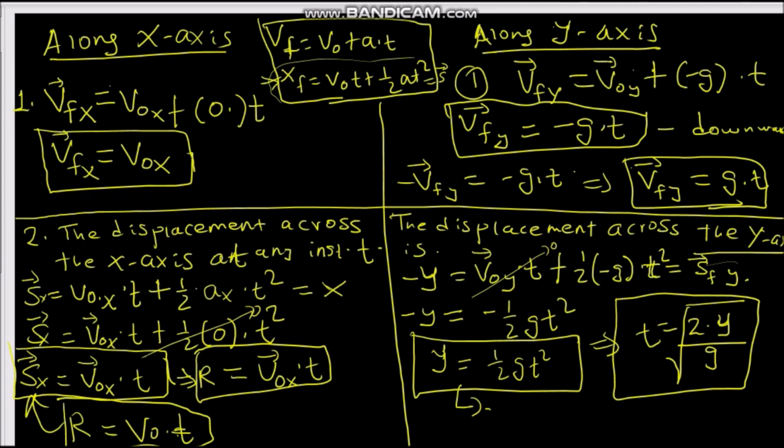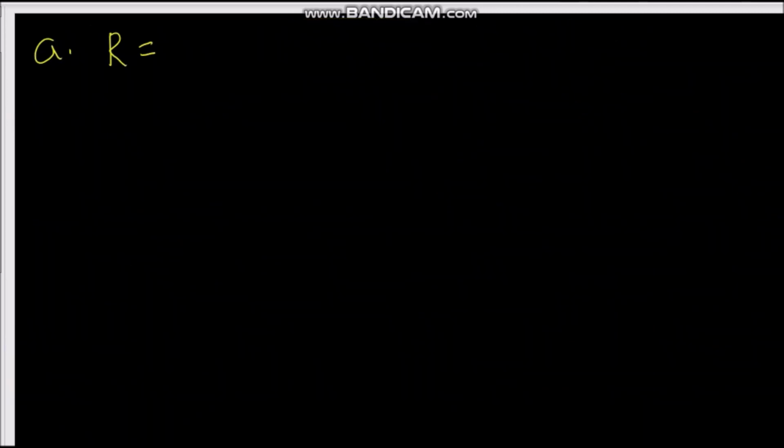So for case A, find R. We already derived the formula: R is equal to v initial across the x times t.